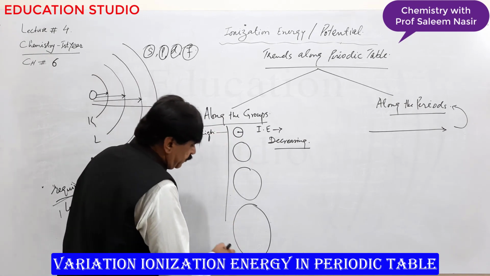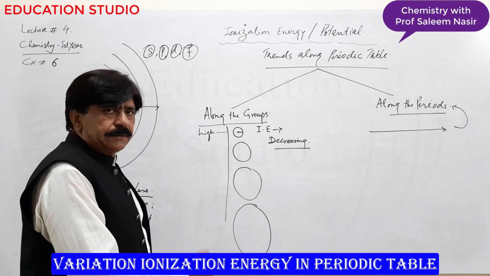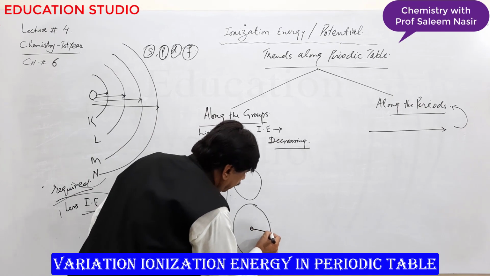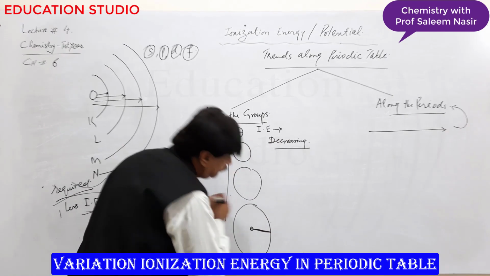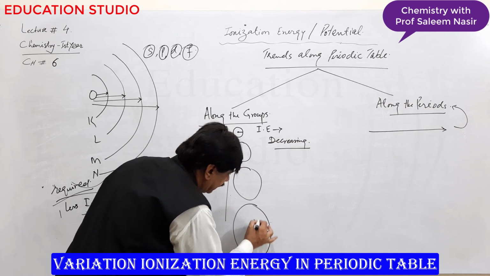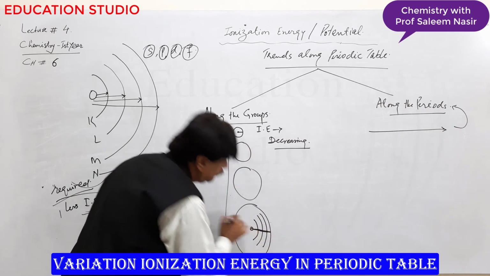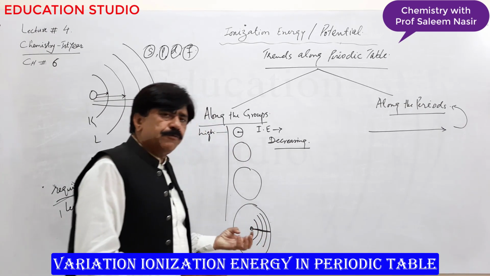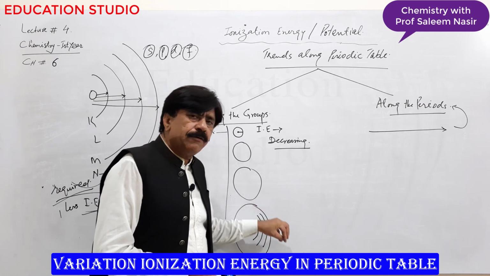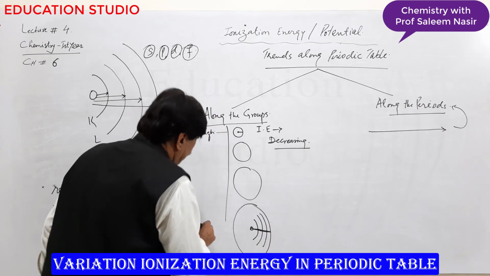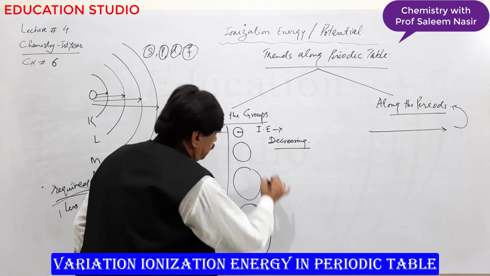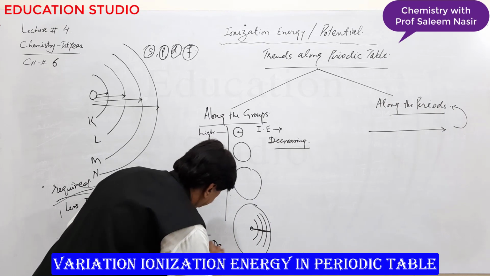And as we see the last element at the bottom, the atomic radius is increasing, the shielding effect is increasing, which influences less attraction of the nuclear charge on the valence electron, and less energy is required. So the value of ionization energy is decreased.